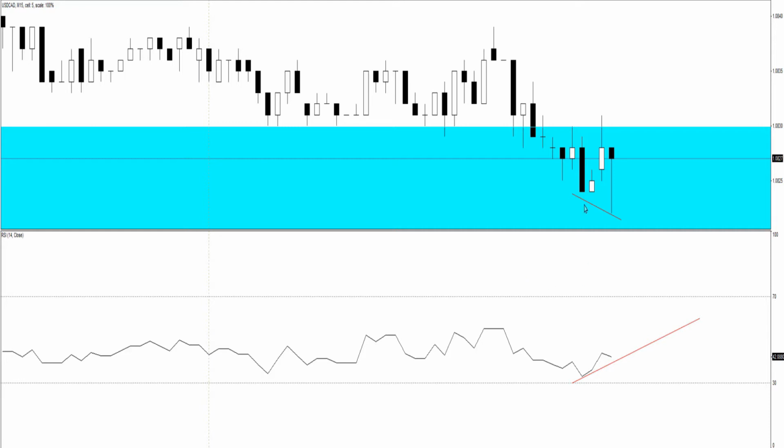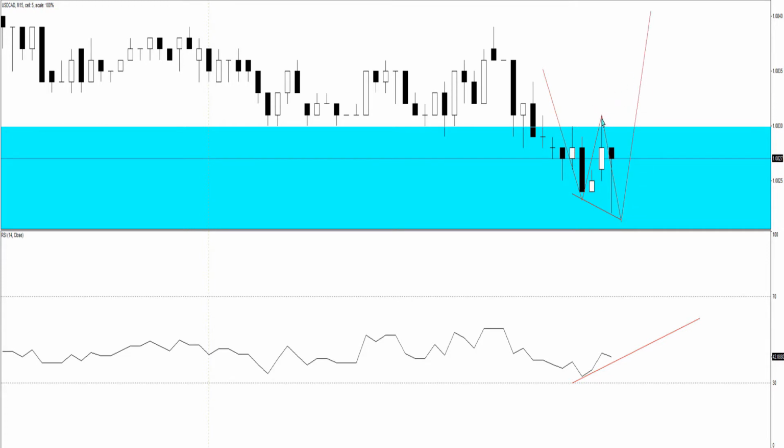So in this area, we could already start drawing our potential qualified W. Price comes down, it makes your low, your midpoint of your W comes down, makes another low, and then up. So that is what we are looking for at the moment, for the price to break through that midpoint here.